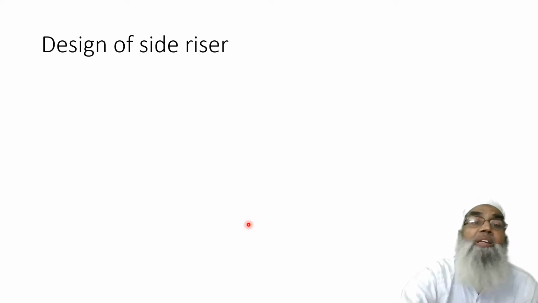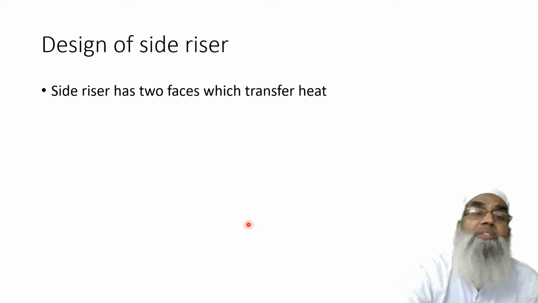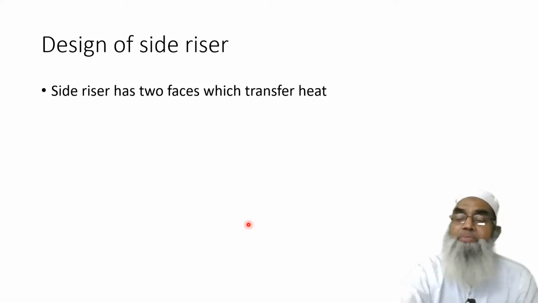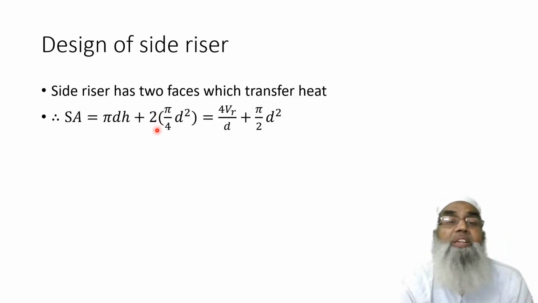Now similarly we can design a side riser. We know the volume will remain the same, but the side riser will have top and bottom surfaces, and therefore the surface area will be twice the area of a single face, and therefore we can have the equation.